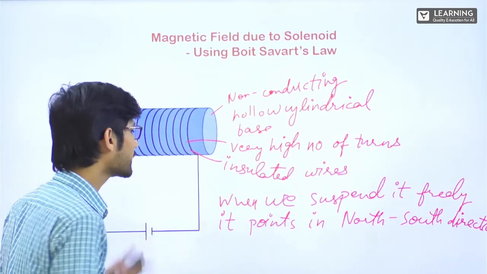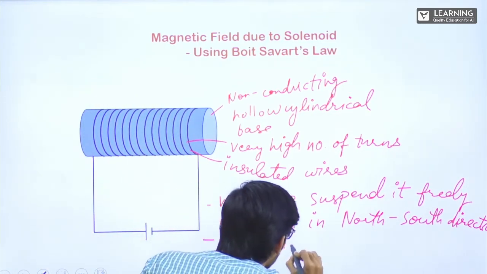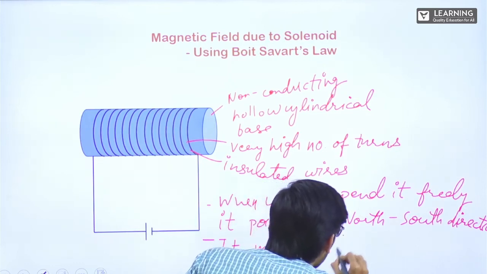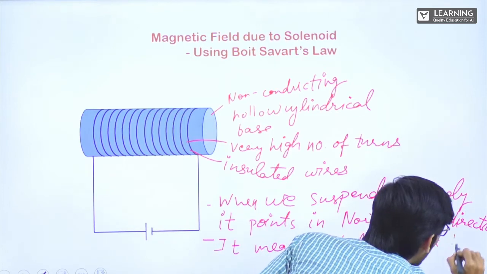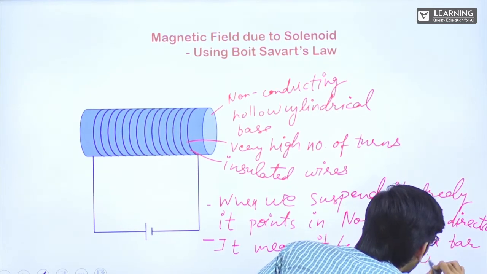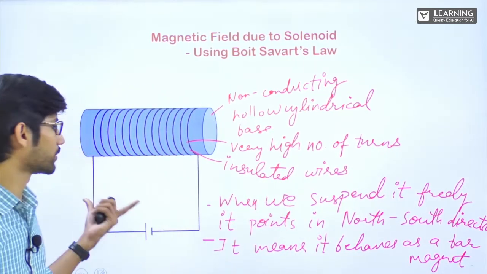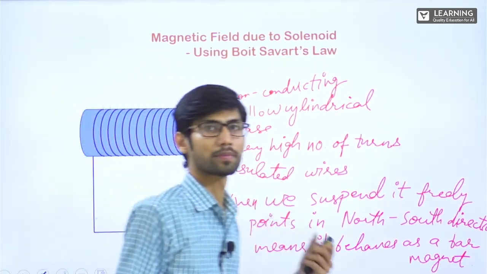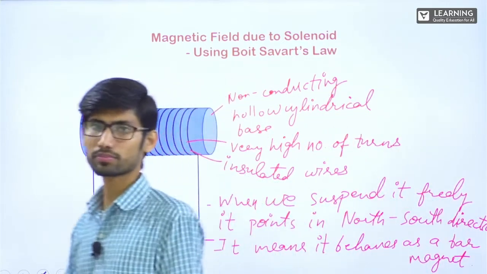If you want, you can write that also. It means it behaves as a bar magnet. Note it down so that you remember always. It behaves as a bar magnet. On changing the current, it will rotate 180 degrees. You can note that also.